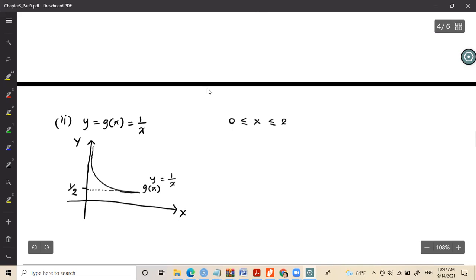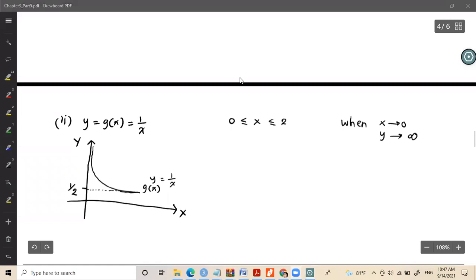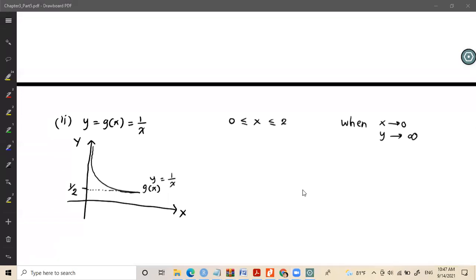Will it touch the y-axis? When x goes to 0, y will go to where? Y will go to positive infinity, right? So it will go to infinity. So this is how you have to draw it. It's not touching, so it's going straight up.